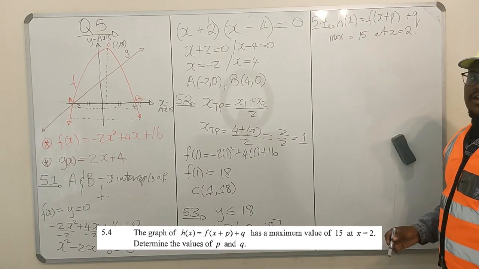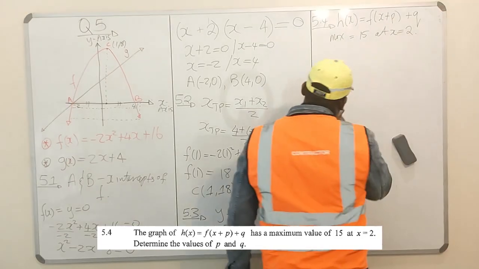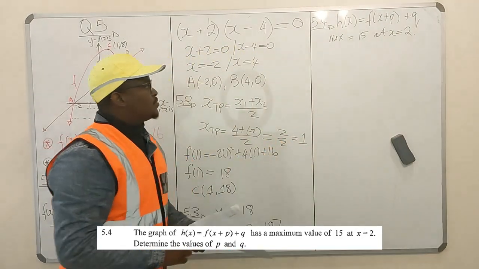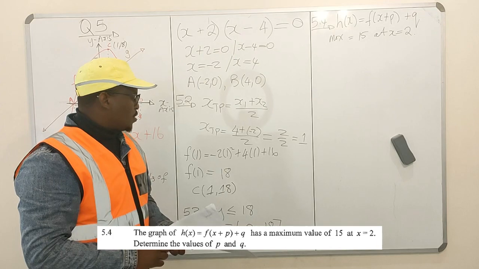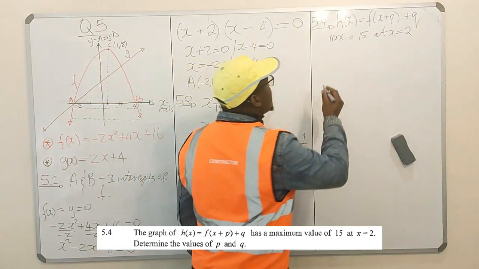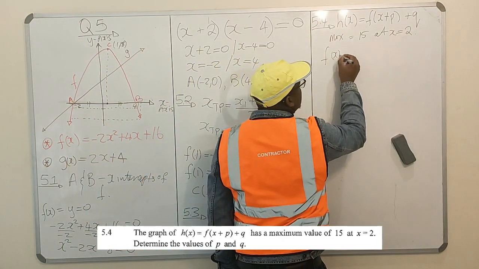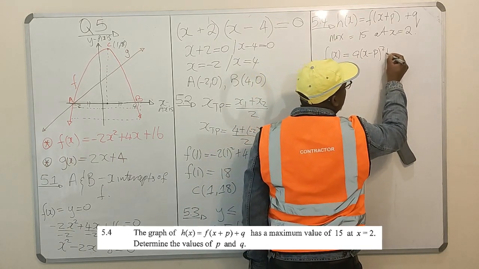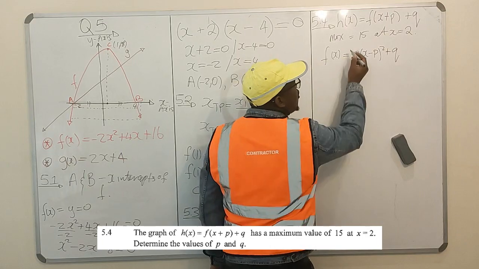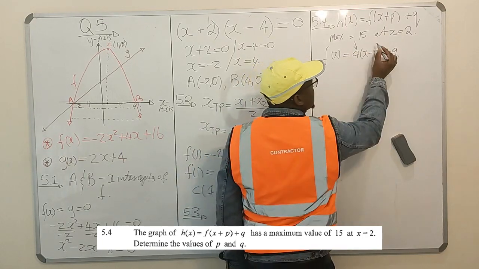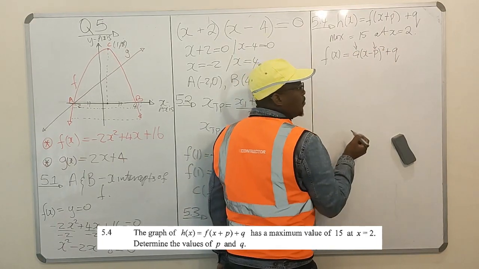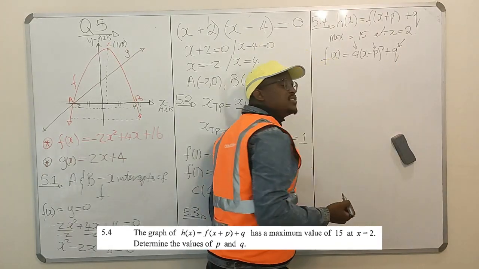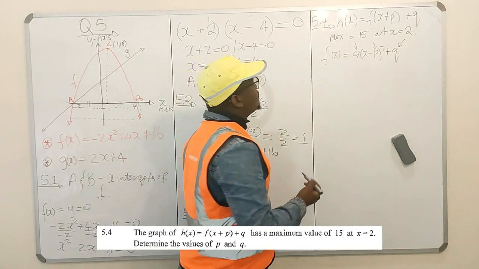The first thing to do, I think this is one of the easiest ways: you can express f of x in the form a(x minus p) all squared plus q, where p is the x coordinate of the turning point, and q is the y coordinate of the turning point.